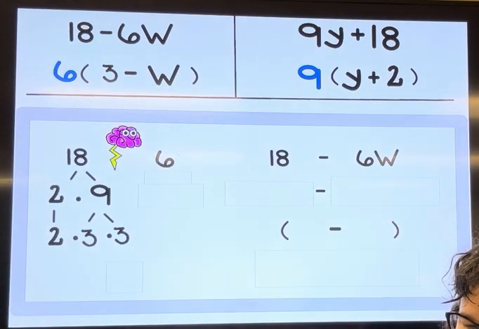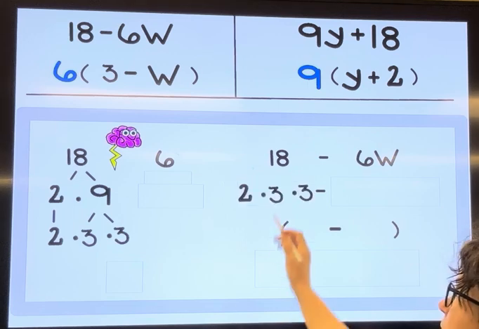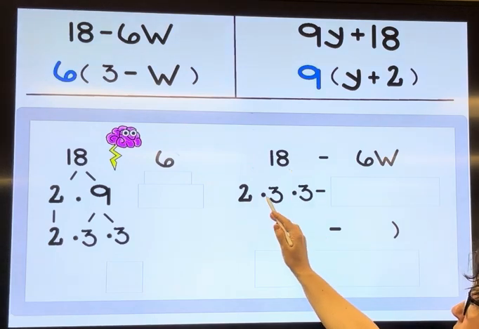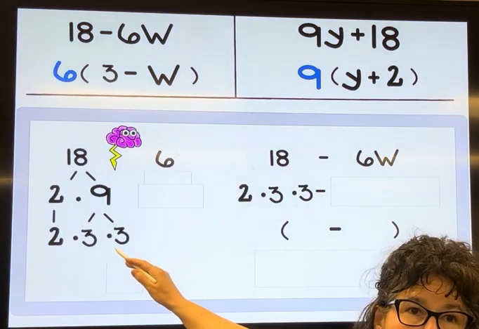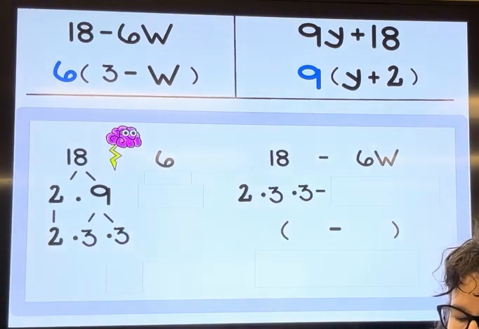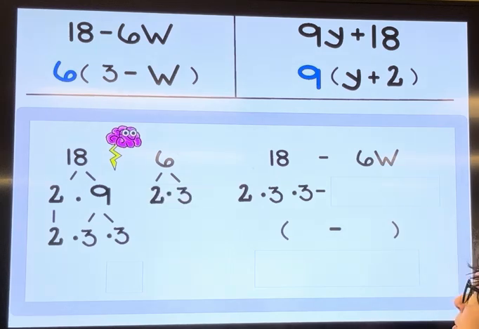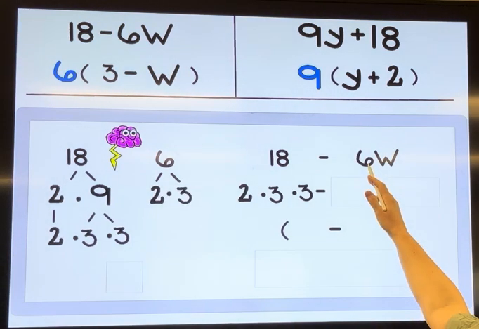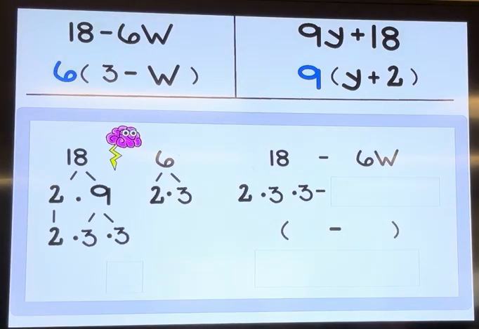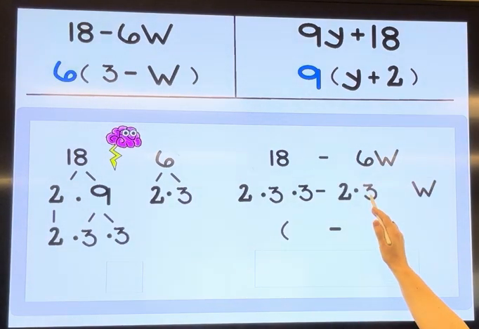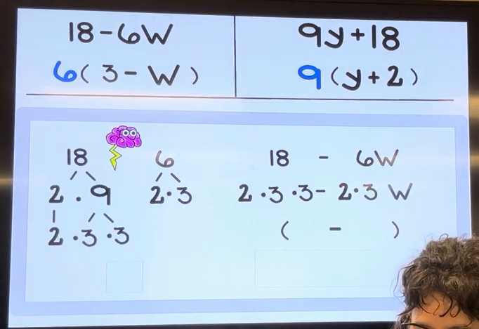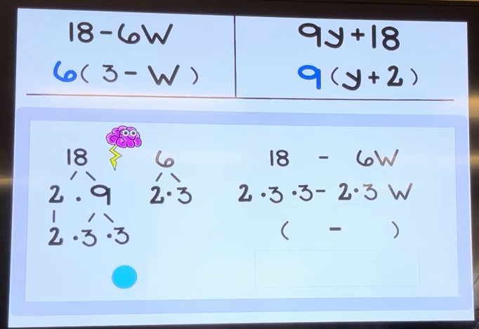And I'm going to rewrite the 18 as 2 times 3 times 3 that I got in my factor tree. The 6, if I break that down, that is 2 multiplied by 3. So I'm going to rewrite the 6w as 2 times 3 times w. Now I'm going to look for what's in common to both.